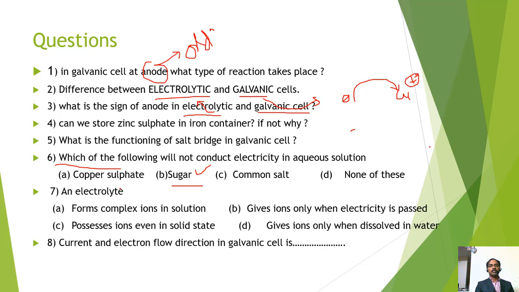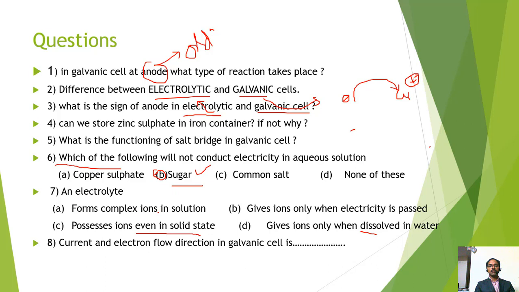Next, an electrolyte. This is the answer B here. An electrolyte forms complex ions in solution, gives ions only when electricity is passed, possesses ions even in solid state, or gives ions only when dissolved in water. When dissolved in water, of course it gives ions, but it possesses ions even in the solid state; even in solid, those are in the form of ions only.